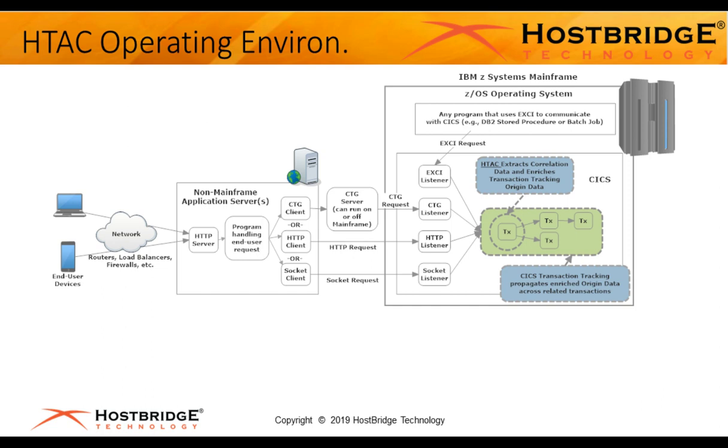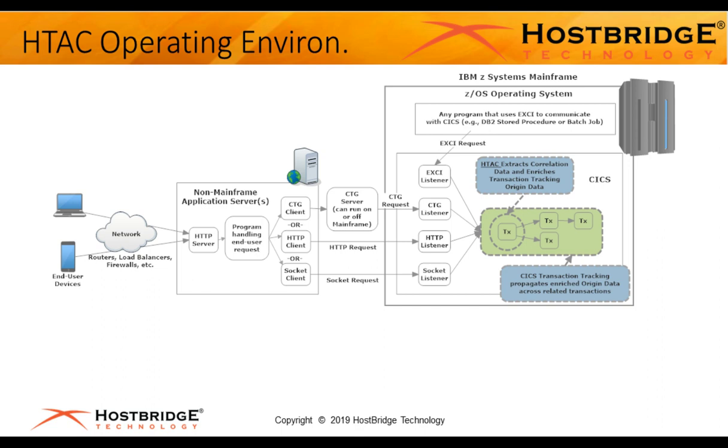And then as a transaction starts another one, let's say A starts B and B starts C, that tran group ID and the origin data related to that original transaction is carried with all of the transactions, and it is annotated in the monitor record, which becomes the SMF data that's ultimately produced.